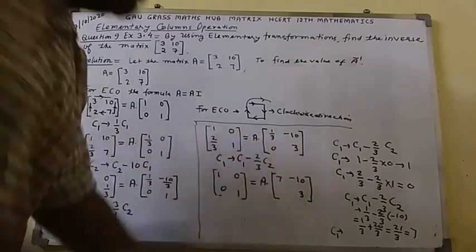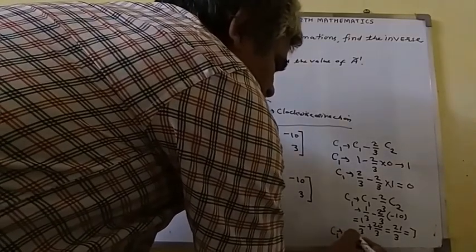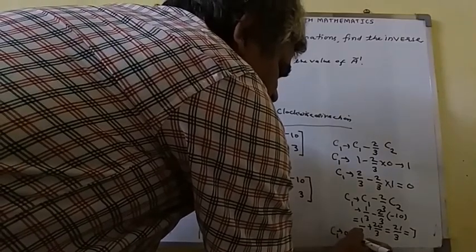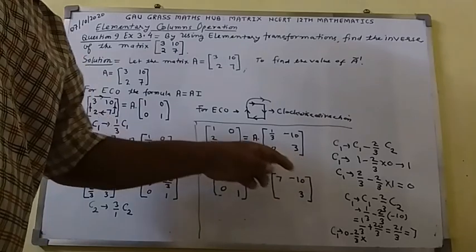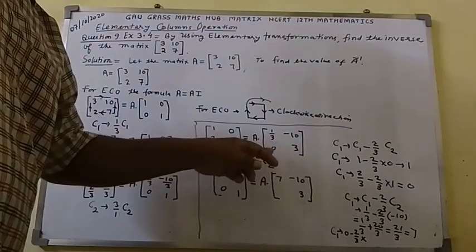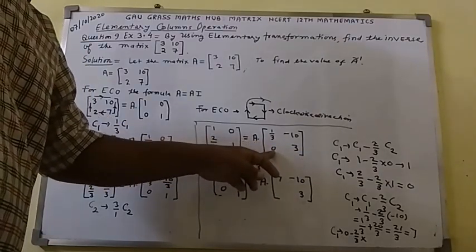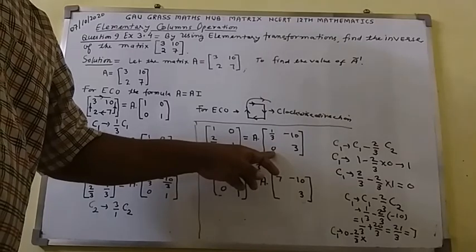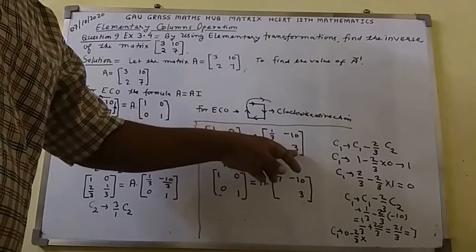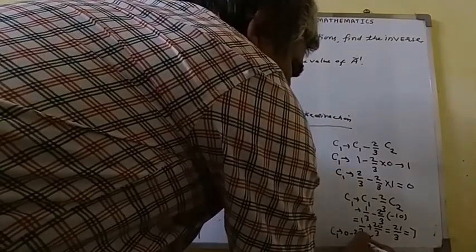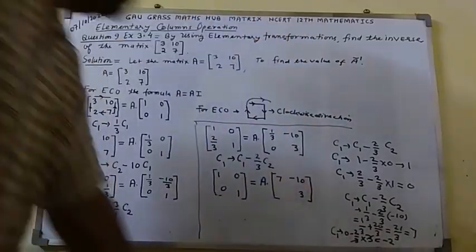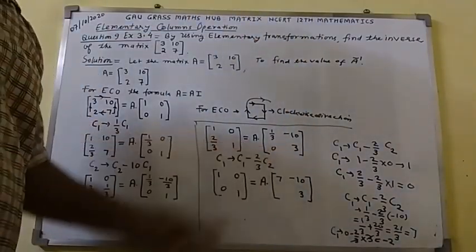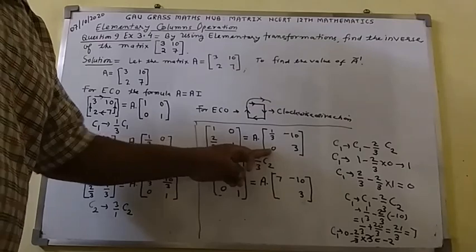So in place of C1 write 0 minus 2 over 3 into the value of C2 for this element, the respective element of 0 in the column C2, which will be 3. So here write 3. These 3 will be cancelled out. You get the value here minus 2. So in place of 0, I shall write here minus 2.